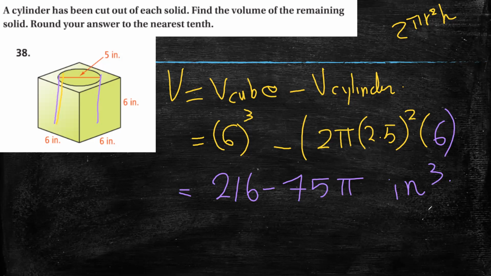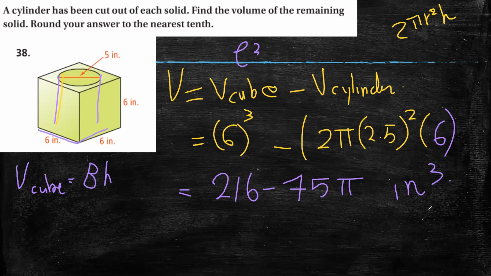Teacher, you make it 6 because we have two bases, right? One is 6 and the other is 6. So we make it 6 times 6 times the height. Yeah, exactly. And you can say that the volume of the cube here is the base times the height.